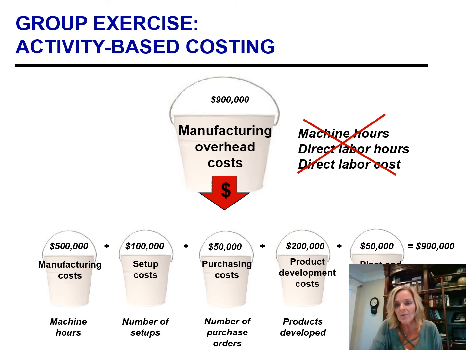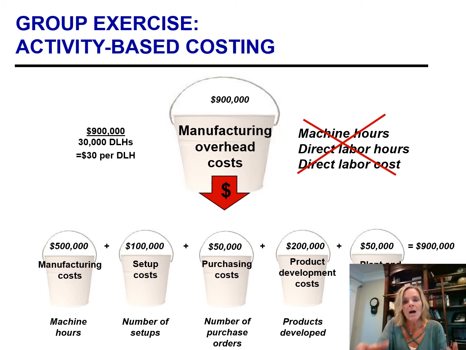Once you establish that cost pool, you're going to use that cost driver, and I like to think of it as a mini predetermined overhead rate. So with each cost pool, you have manufacturing cost, we have $500,000. We're going to use machine hours to come up with what we call an activity-based overhead rate.